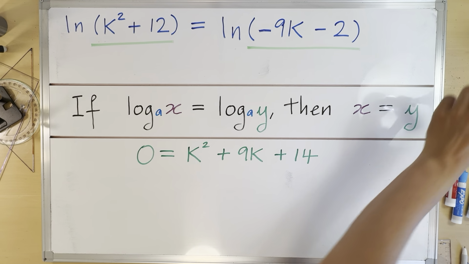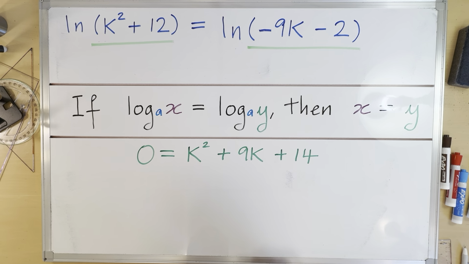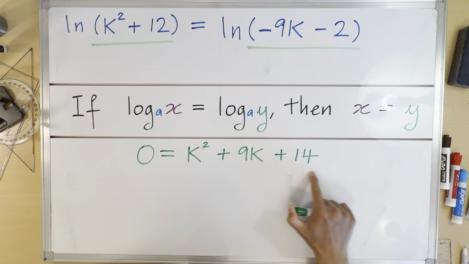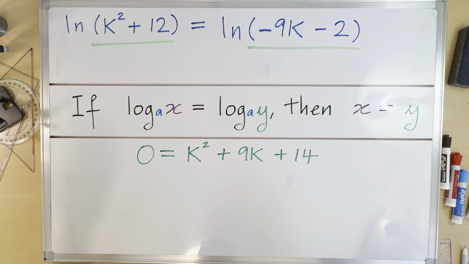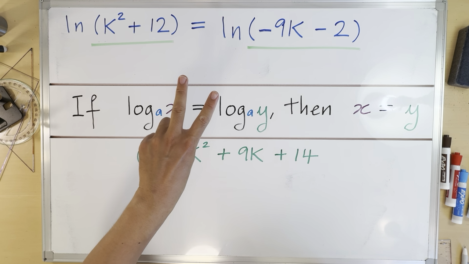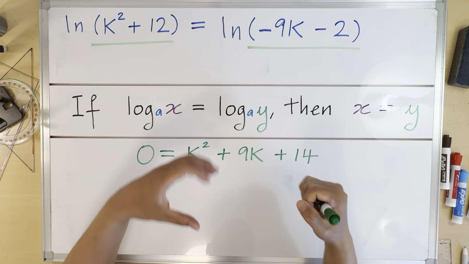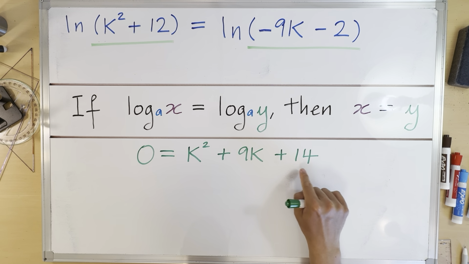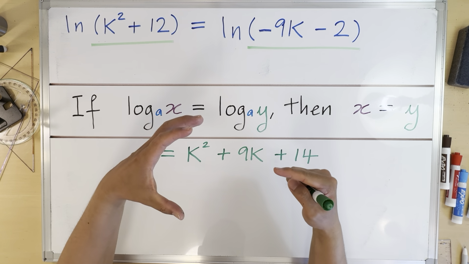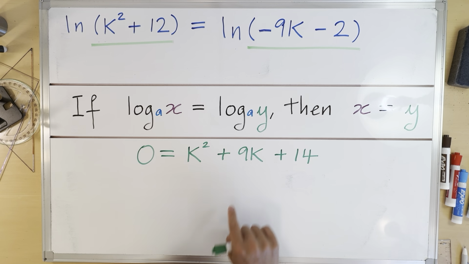Now, at this point, in order to factor this expression even further, we need two numbers whose product is equal to positive 14, while their sum is equal to positive 9.